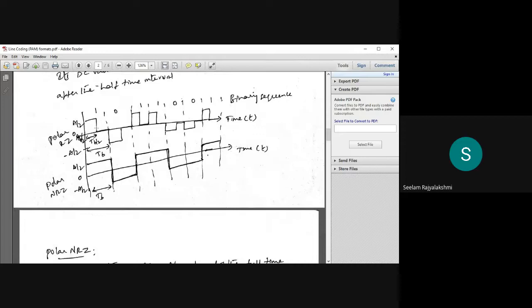Already we have seen unipolar, which has only positive values, but here it is polar, so we have positive and negative values. The positive part is there and the negative part is below it. Whenever we have positive values and negative values, the DC value becomes less or 0.